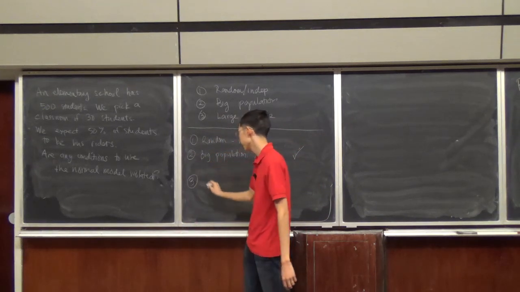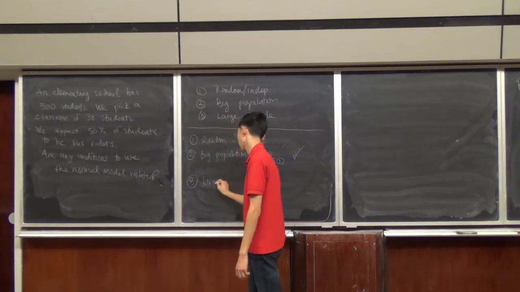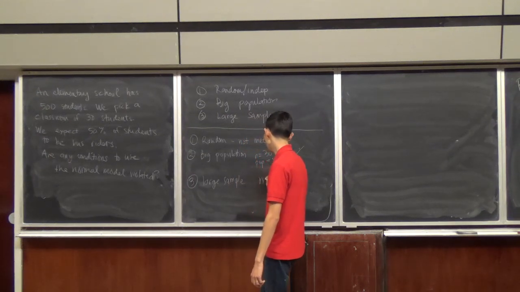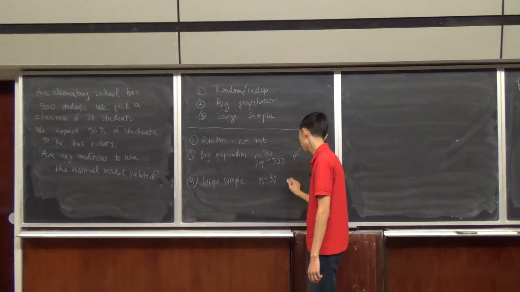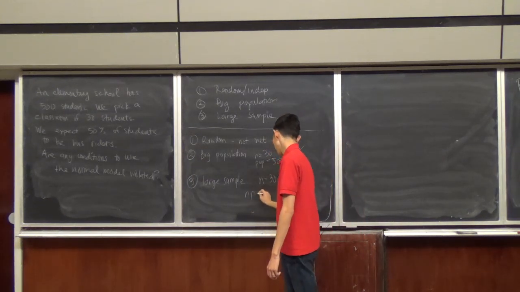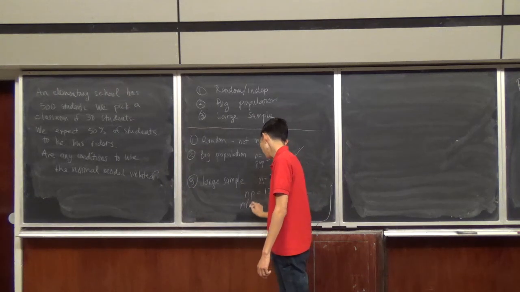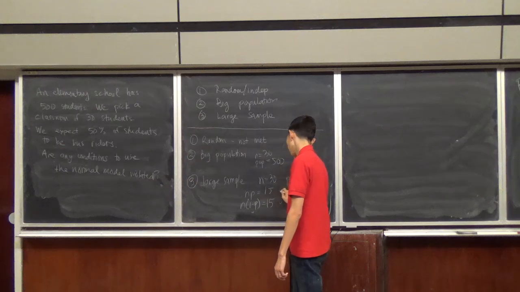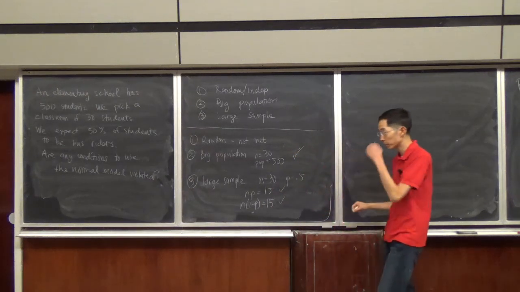What about the large sample condition? Is that met? Yes. n is 30, p is 0.5. So n times p is 15, and n times 1 minus p is also 15. Both of those numbers are bigger than 10, so that one is met.